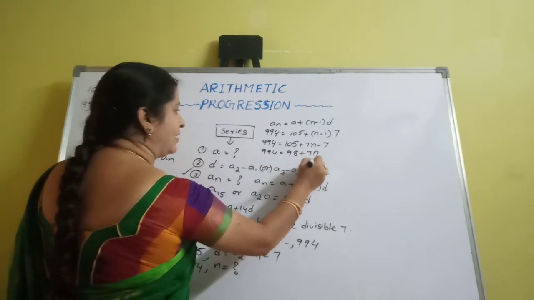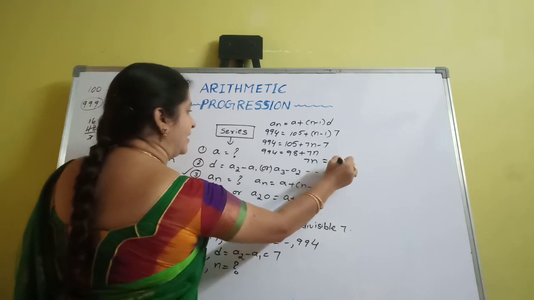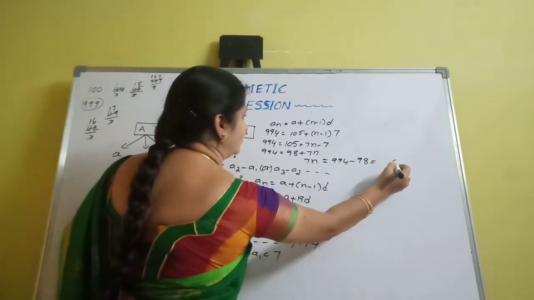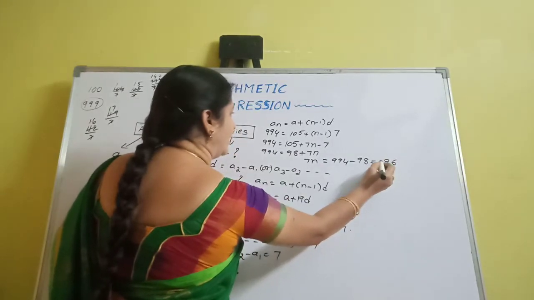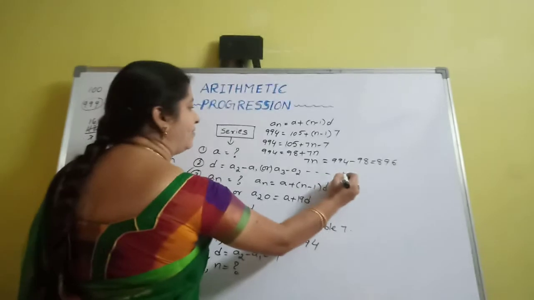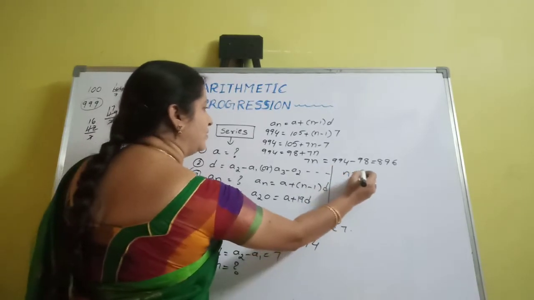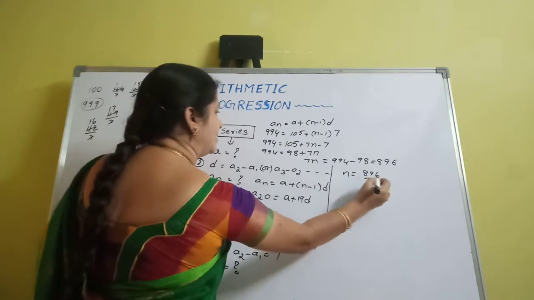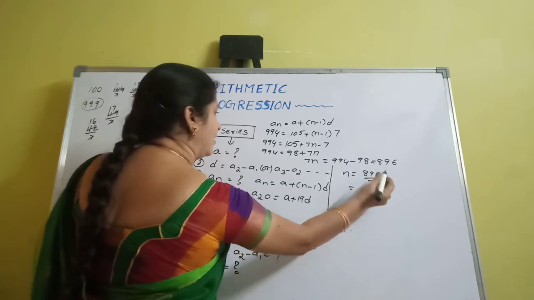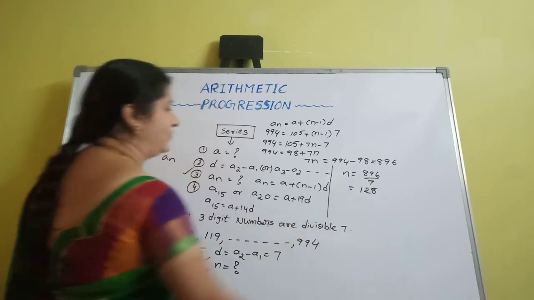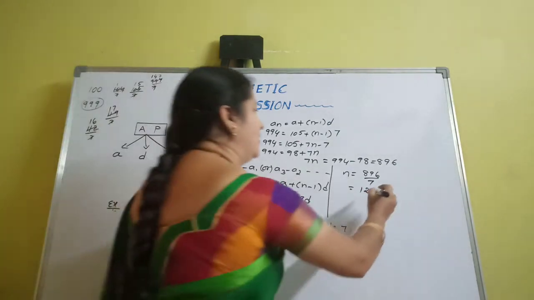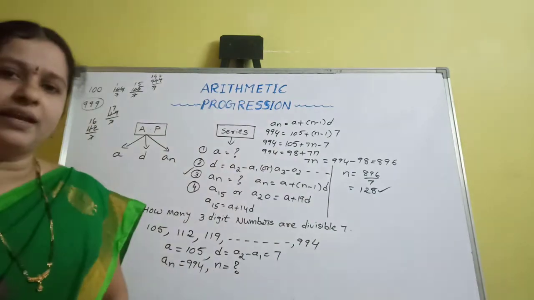So 7n equal to 994 minus 98, so it is 896. n equal to 896 by 7. 7 ones are 7, 7 twos are 14, again 56, 7 eights are 56. So the n value we got is 128.